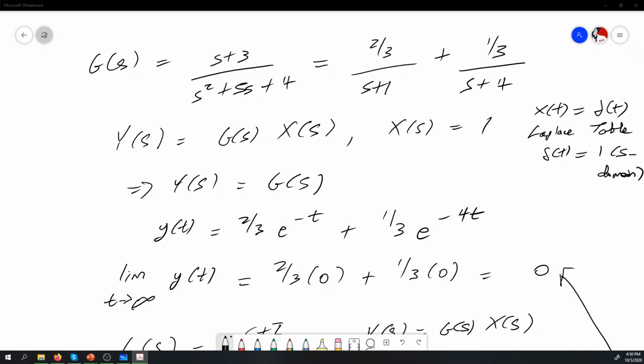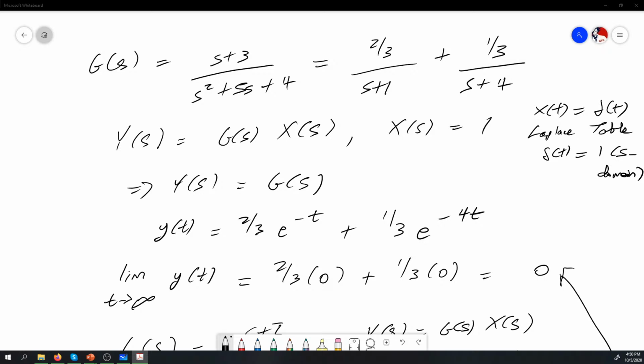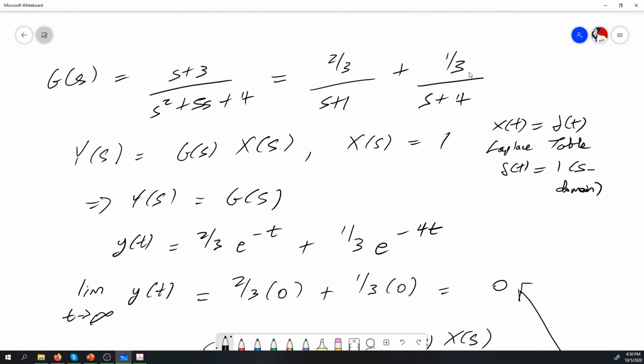On the Laplace transform table, this is represented by transform 2 on the table. If it's minus a, a here will be positive. If it's positive a, it will be negative on the exponent in time. So as a result, the components A and B, being 2/3 and 1/3, will remain constant.